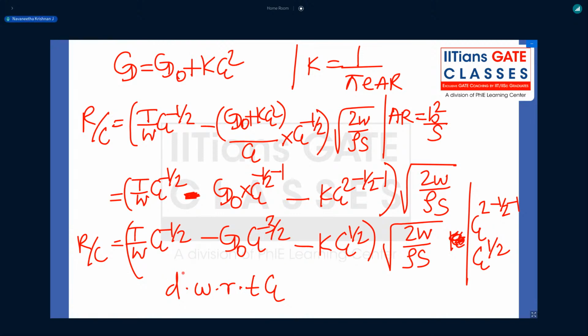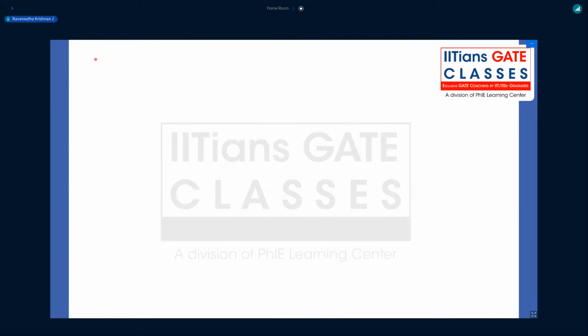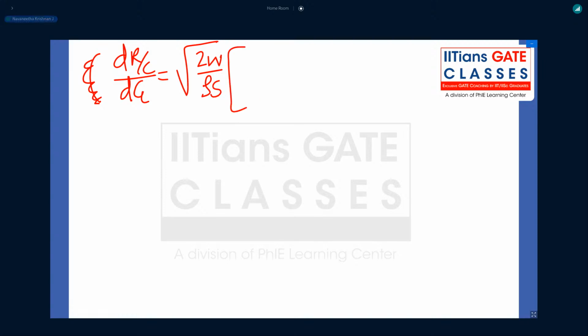Same way, I am differentiating with respect to CL and equating it to 0. Root of 2W by rho S is a constant quantity, so I leave it like that itself.